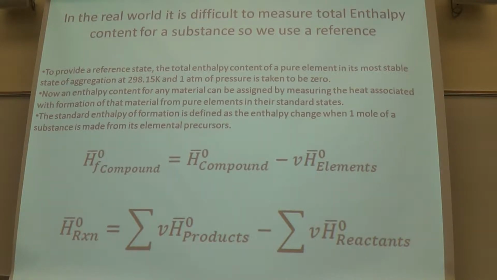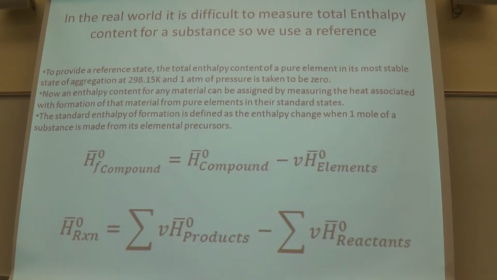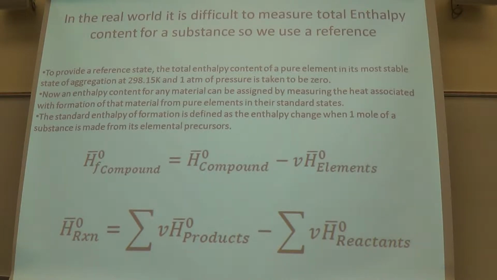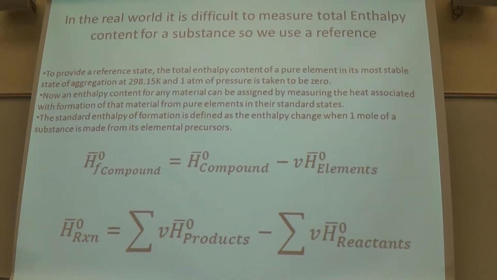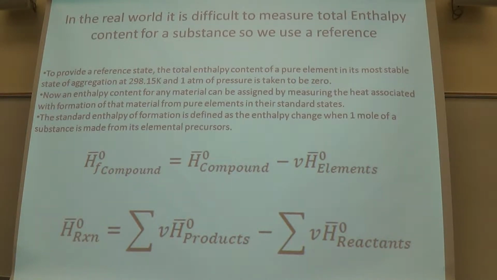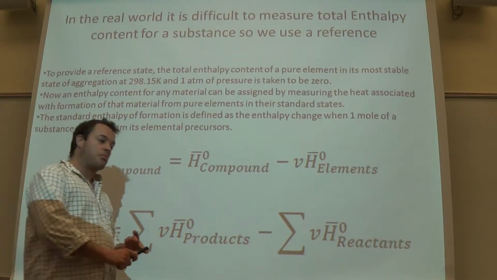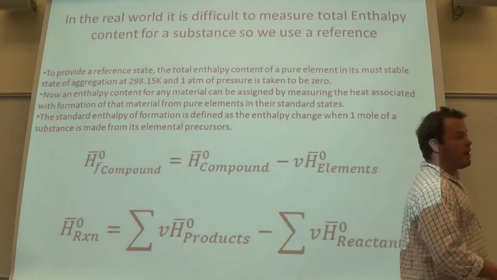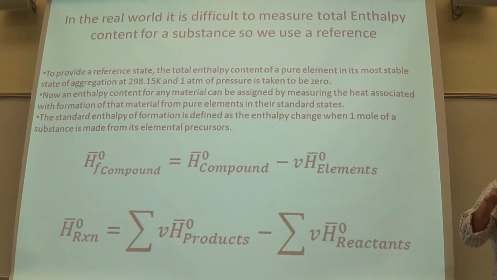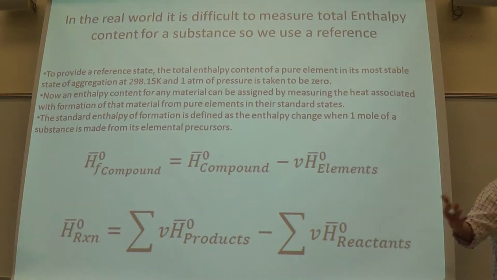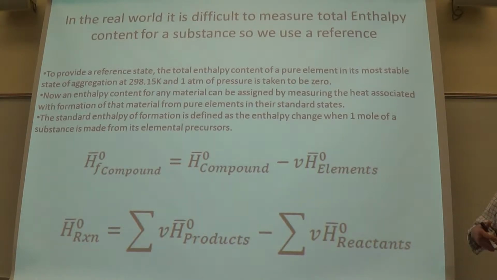For enthalpies, what we end up doing is we define an enthalpy relative to an enthalpy content possessed by the elemental precursors to a reaction product in their most stable aggregation state at a particular set of conditions. And usually these conditions are 1 atmosphere of pressure and 298 Kelvin. And by definition, we take the enthalpy content of the reaction precursors, the elemental precursors, to be 0.